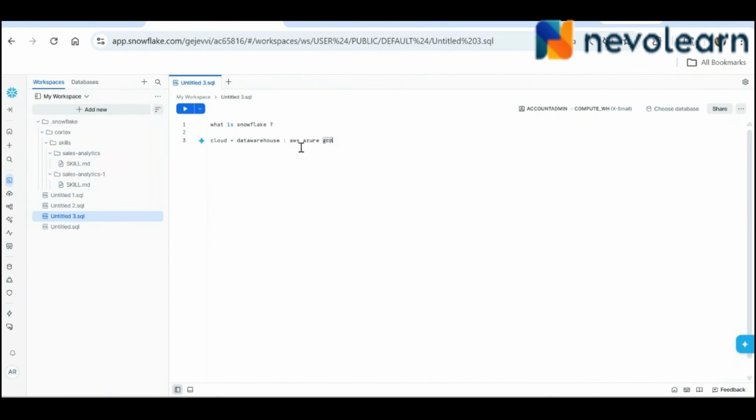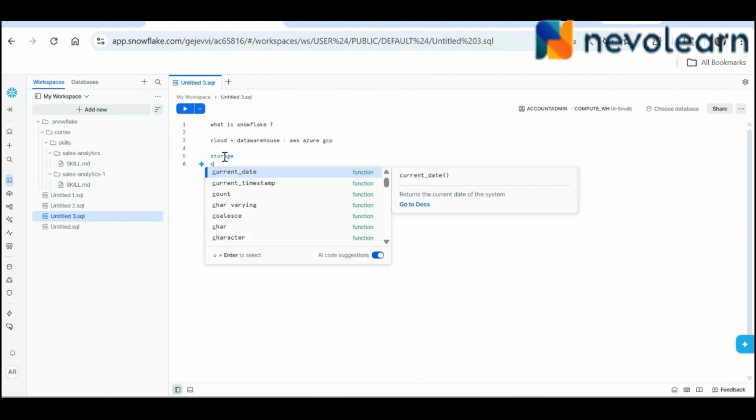Now, whenever you deploy your account on AWS, it will take the services from AWS. What services? Storage services and compute services.